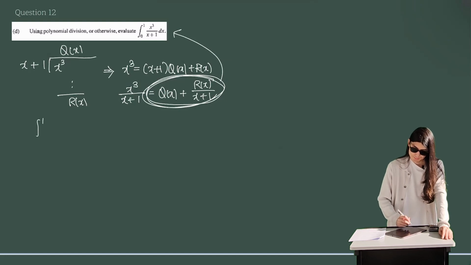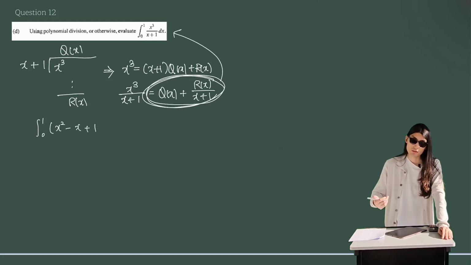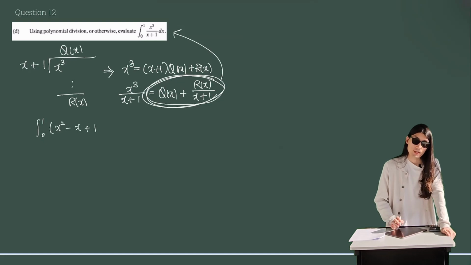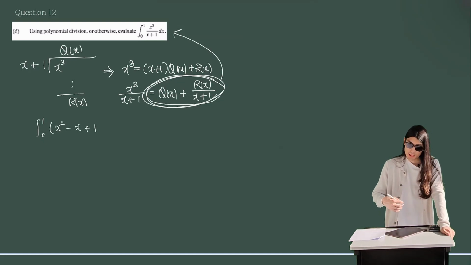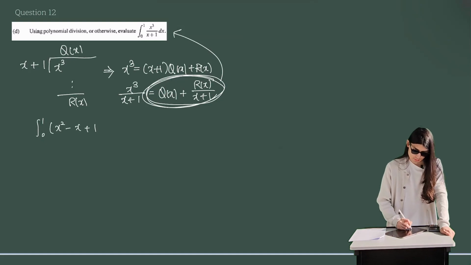When you do that, you end up with x squared minus x plus 1, because that is the quotient when you divide x cubed by x plus 1, and the remainder that you get is minus 1. So you get negative 1 over x plus 1.